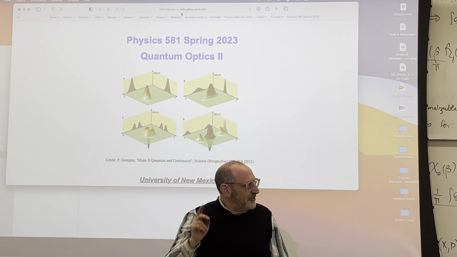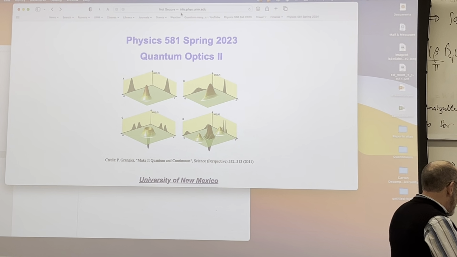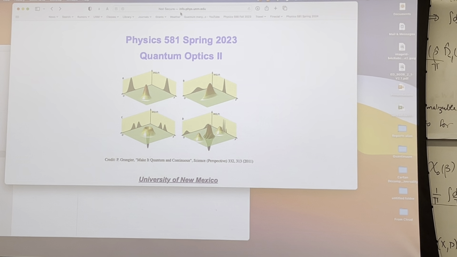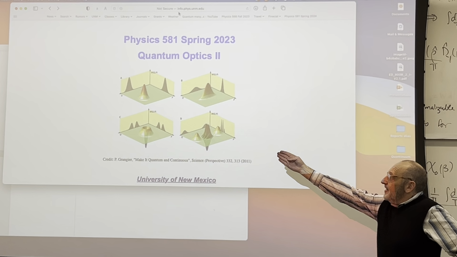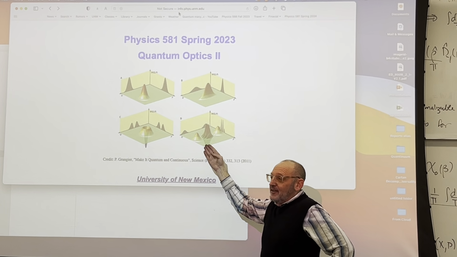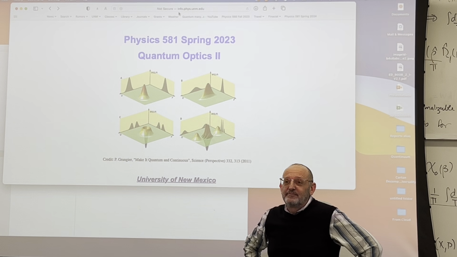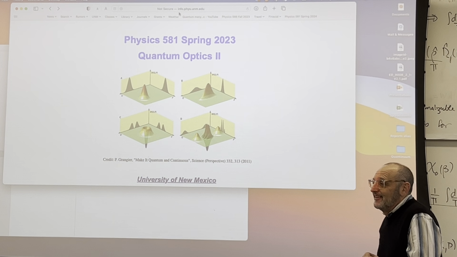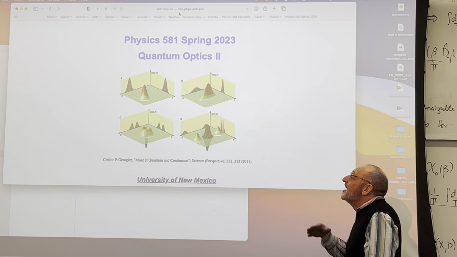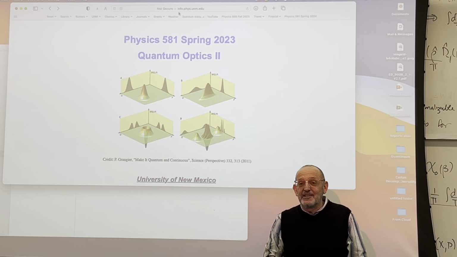Now that's something interesting, and I hadn't actually appreciated or learned about until a few years ago, that the zeros of the Q function, through the theory of analytic functions on the complex plane, completely define the state.